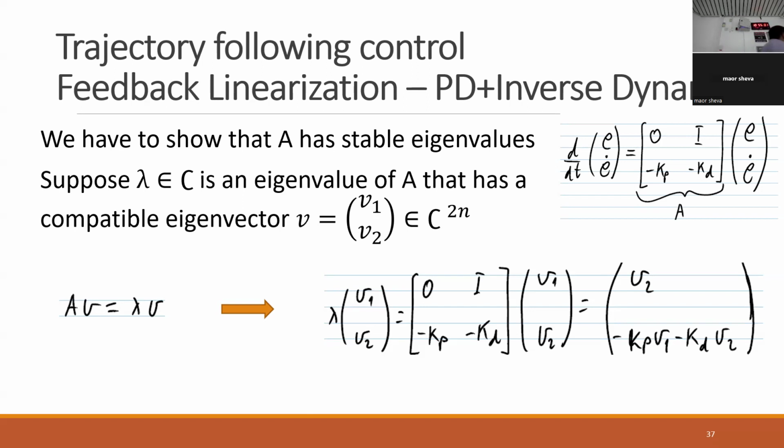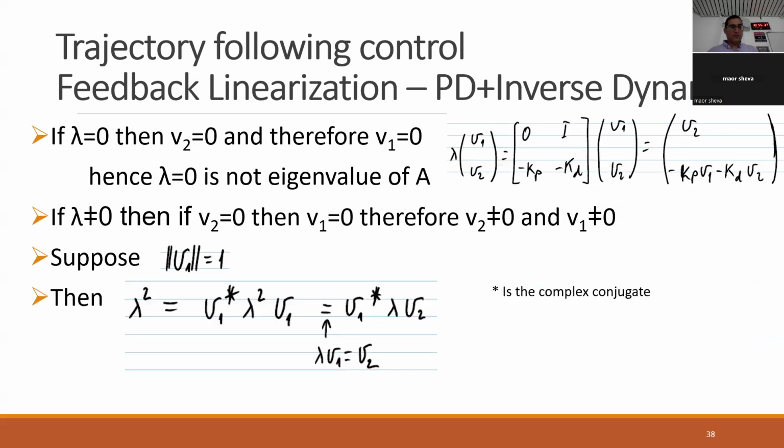So now we look at lambda V, lambda V1, V2, and lambda is an eigenvalue of A, and therefore lambda V equals AV. So lambda V equals this term, minus Kp V1 minus Kd V2, and lambda V1 is equal to V2.